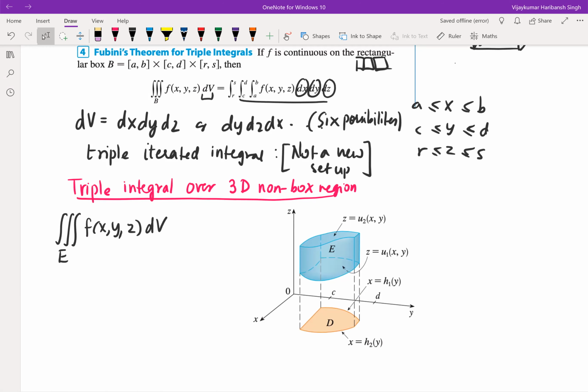In this case, if you notice, your solid E can be written in the following form.